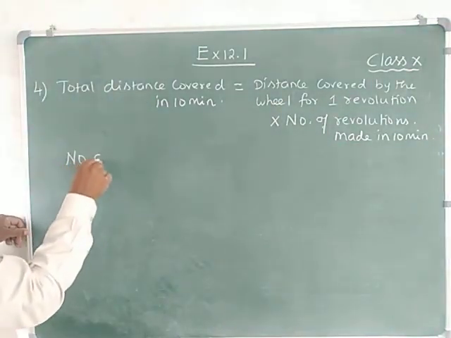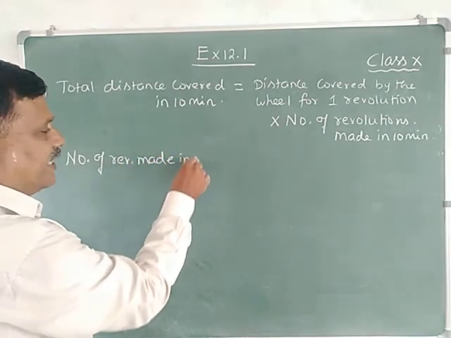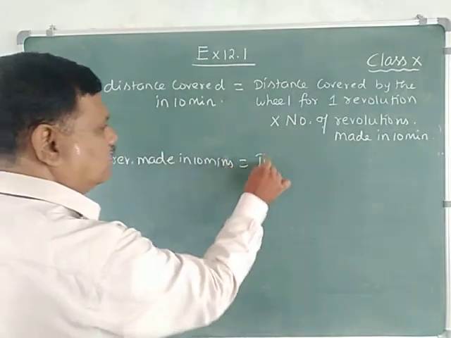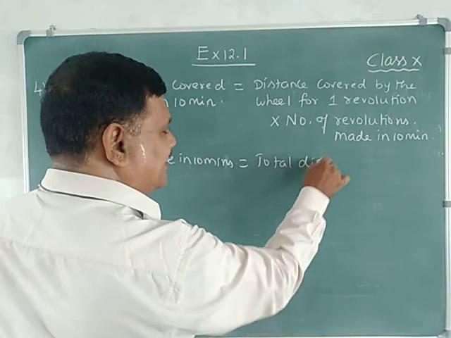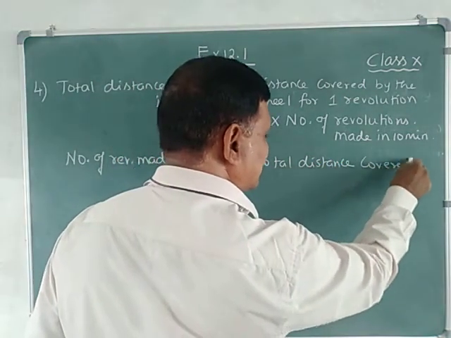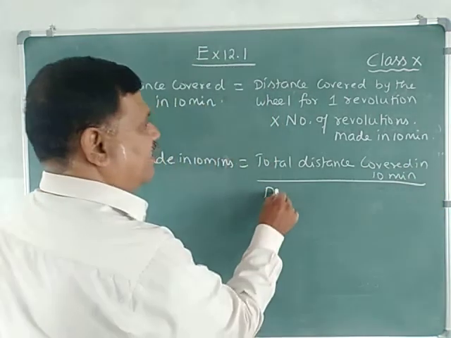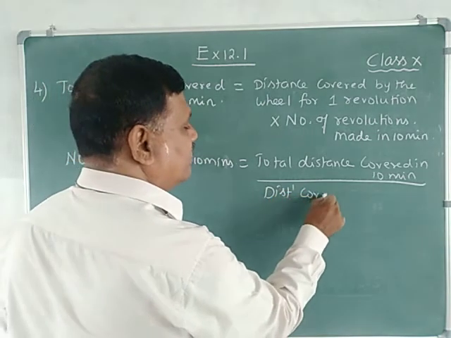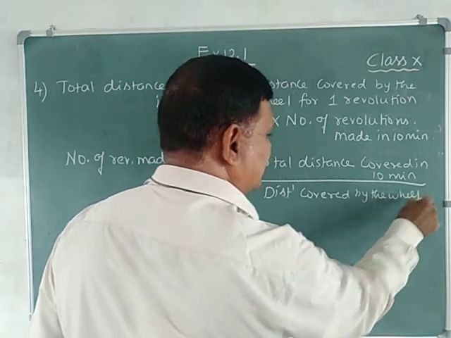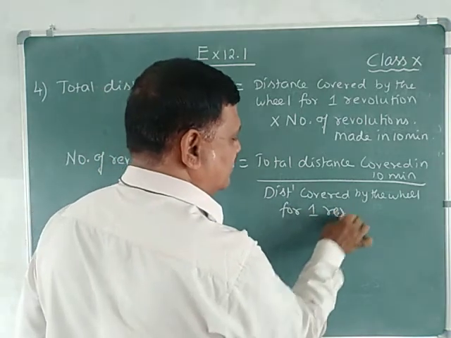So from this, number of revolutions made in 10 minutes will be equal to total distance covered in 10 minutes by distance covered by the wheel for one revolution.